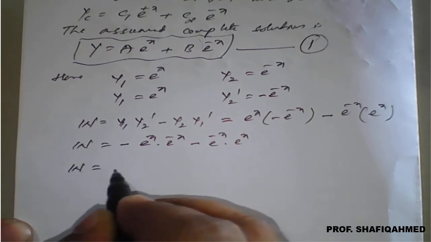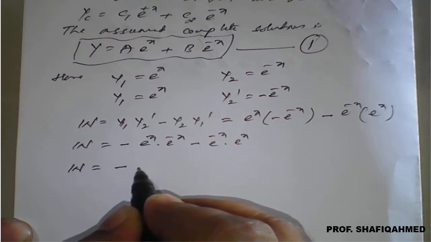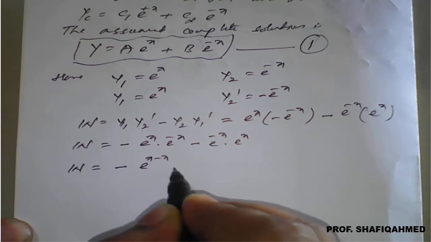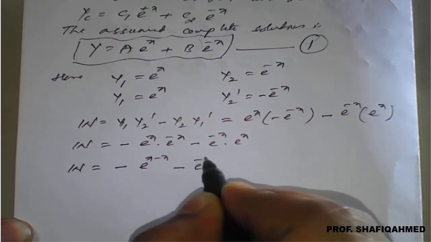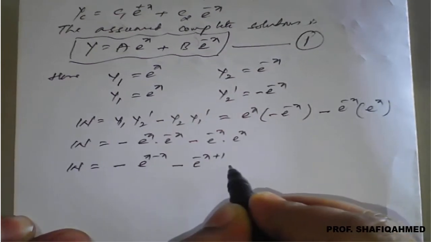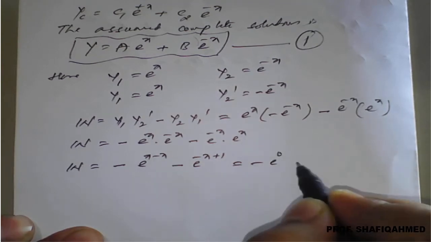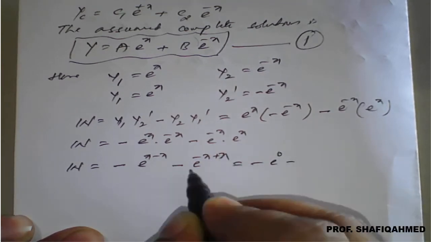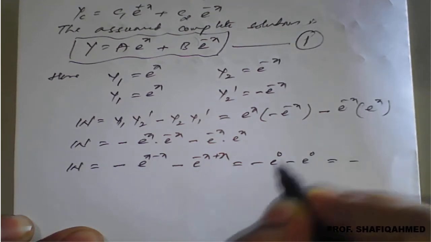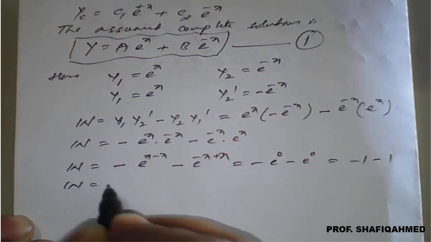So bases are same, we need to add the powers, e raised to x minus x will become e raised to 0, minus e raised to minus x plus x, again e raised to 0, but we know that e raised to 0 is 1, minus 1, so w will become minus 2.